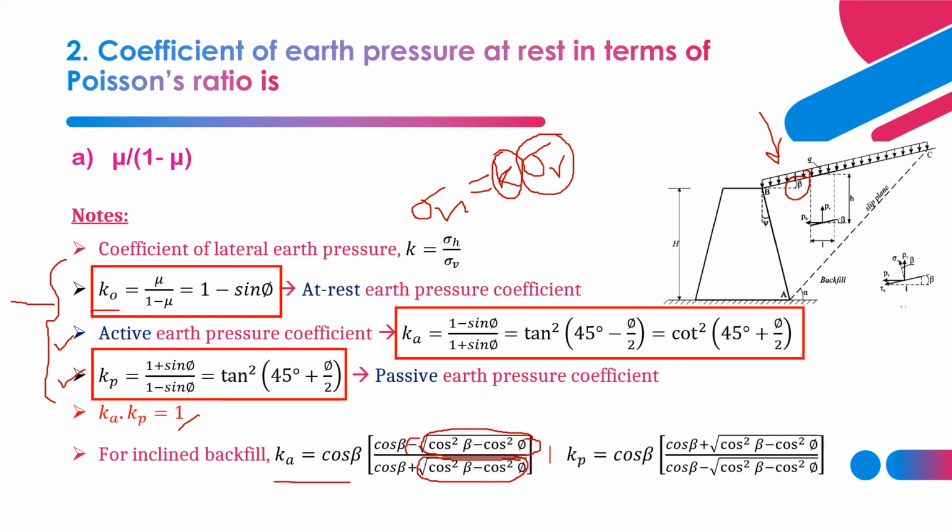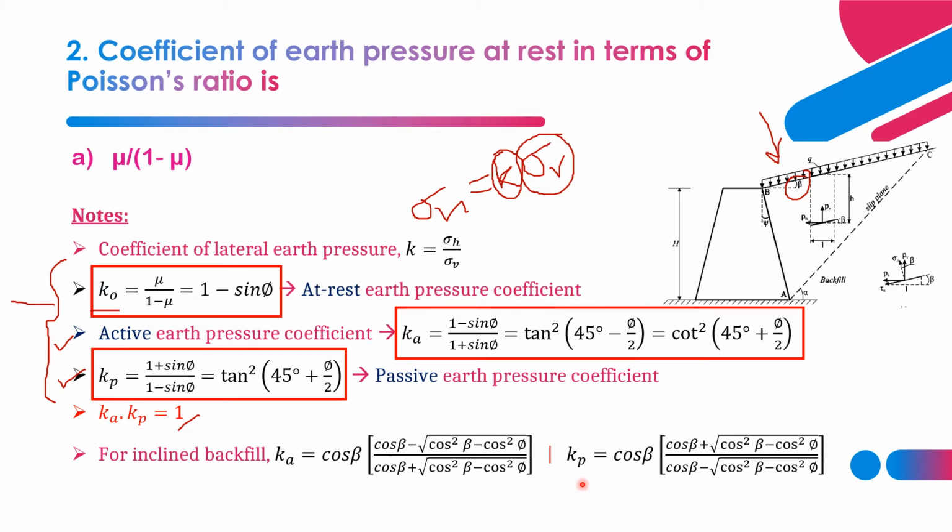Just interchange the sign. So in the numerator cos beta minus root of cos square beta minus cos square phi. Below, the same parameter, but only the sign is changed. So this is how we have to calculate the coefficient of earth pressure when the backfill is inclined.